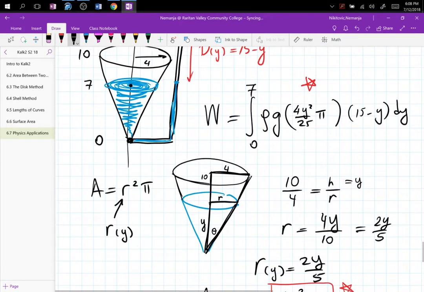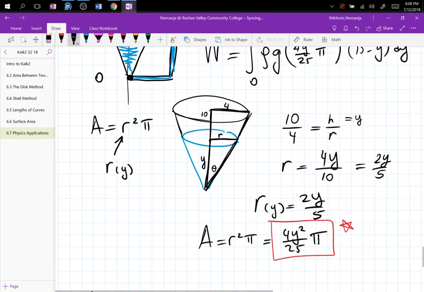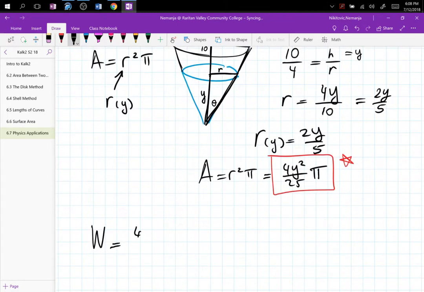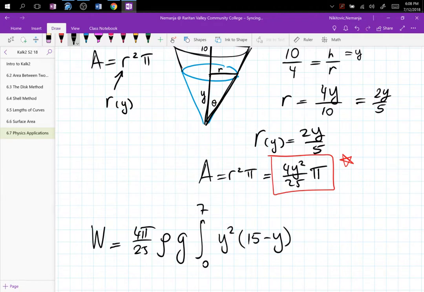So what's the constant? 4 over 25, so 4 pi over 25 rho g integral 0 to 7 of y squared times 15 minus y dy. You see that the integral is a joke, right? You multiply y squared and you integrate.